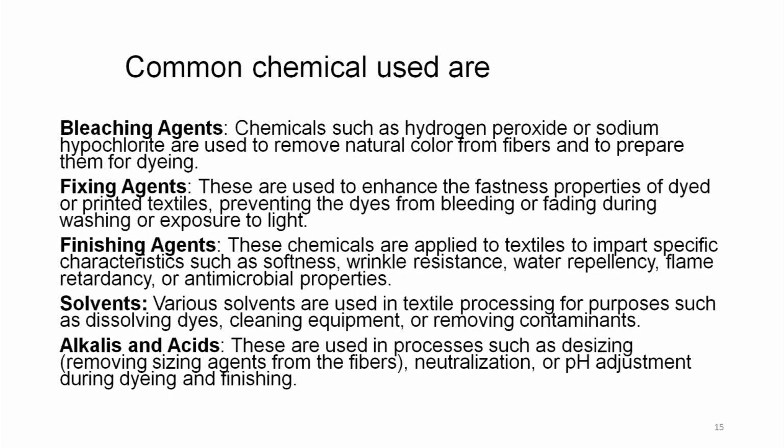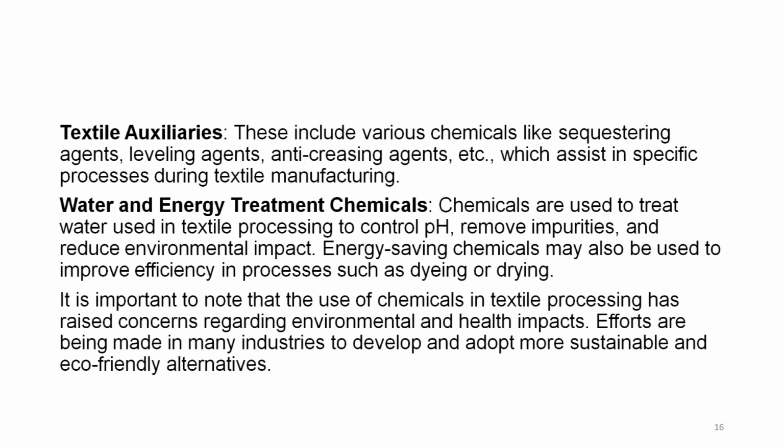Various solvents are used in textile processing for purposes such as dissolving dyes, cleaning equipment or removing contaminants. Alkalis and acids. These are used in processes such as desizing, removing sizing agents from the fibers, neutralization or pH adjustment during dyeing and finishing. So, each one has its own role to play.